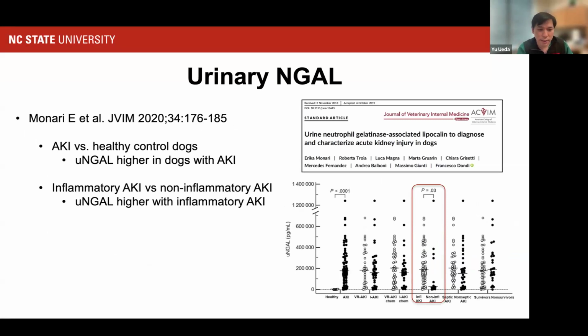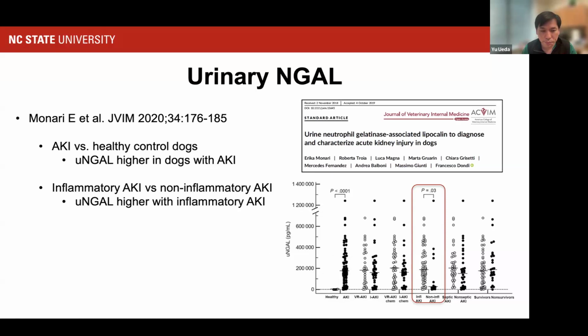What they found out is that dogs with AKI had higher urinary NGAL concentrations compared to healthy control dogs, like you can see in the very left corner of this graph. The y-axis in this graph is urinary NGAL concentration, and the patients with AKI had much higher concentration of urinary NGAL compared to healthy patients.